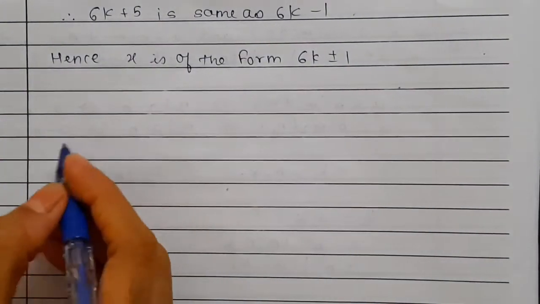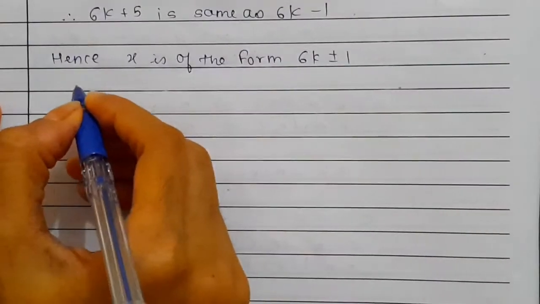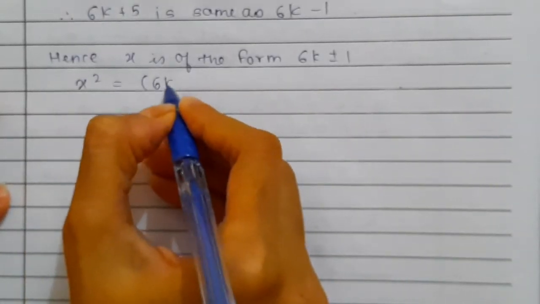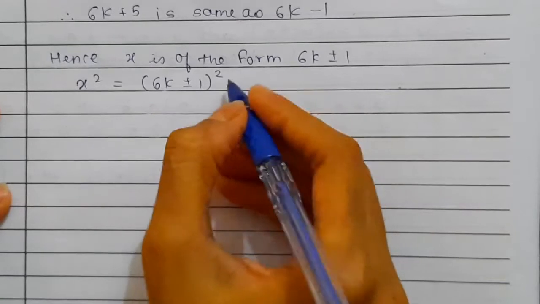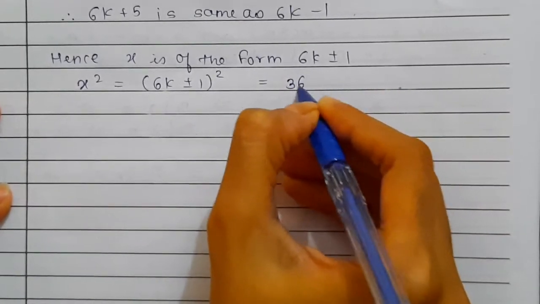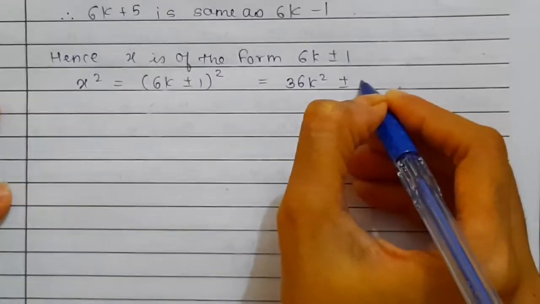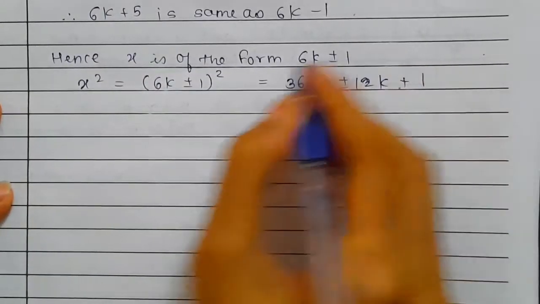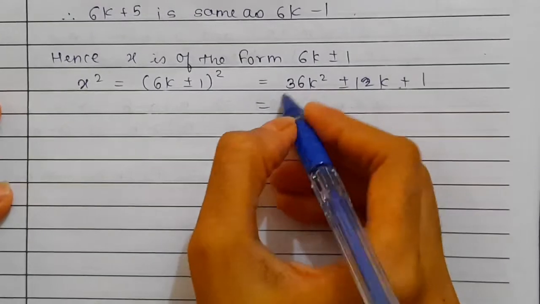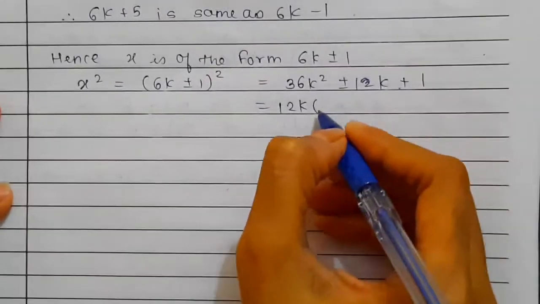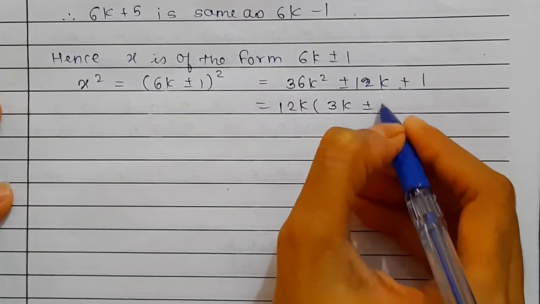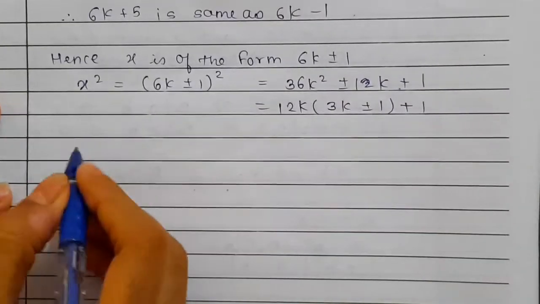Okay, now we write this, x square is equal to (6k plus minus 1) square, which is equal to 36k square plus minus 12k plus 1. Now here we take 12k common, so we write 12k(3k plus minus 1) plus 1.